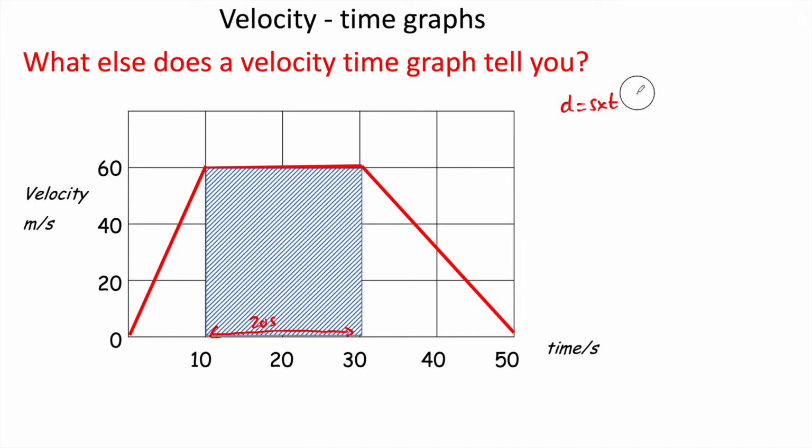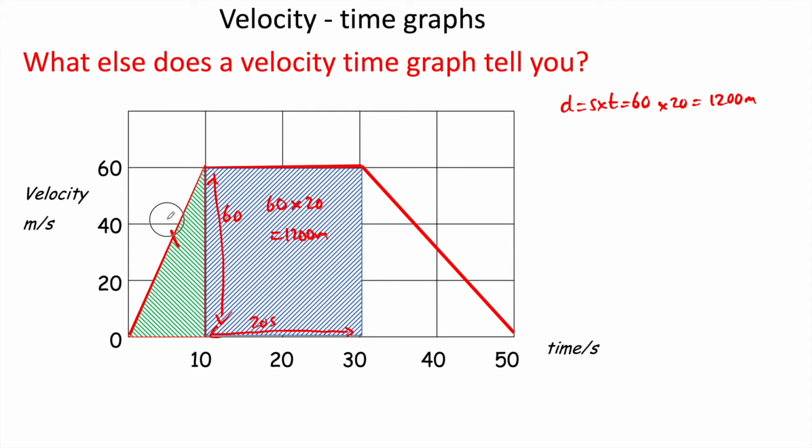Well, the speed is 60 and the time is 20, and that makes 1,200 meters. You'll notice that that is also the area under that line, because it's 60 times 20, which is 1,200 meters. So the area under a velocity time graph is the distance travelled.